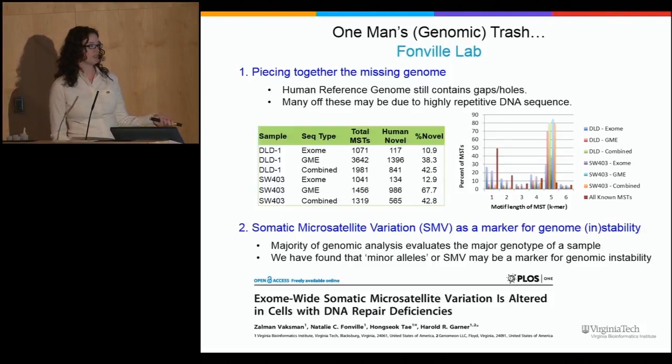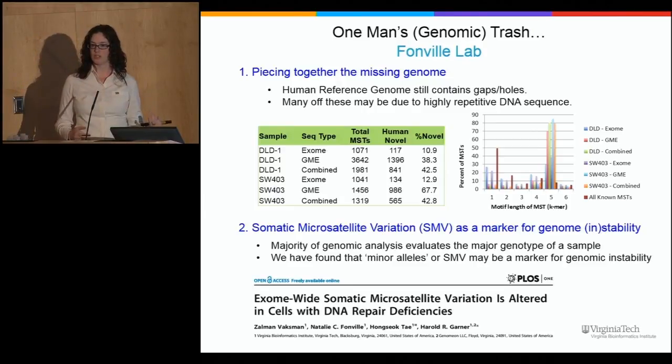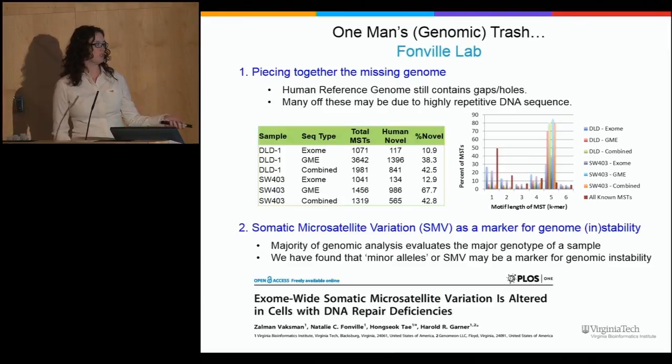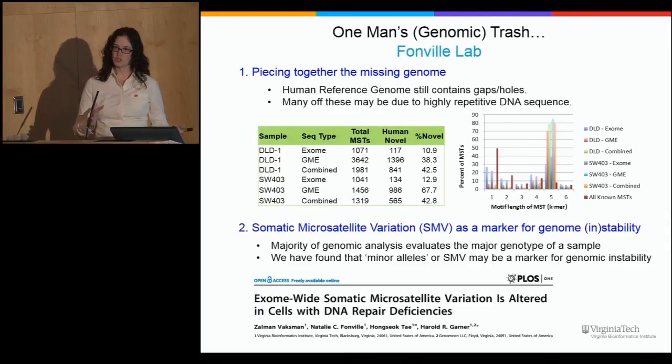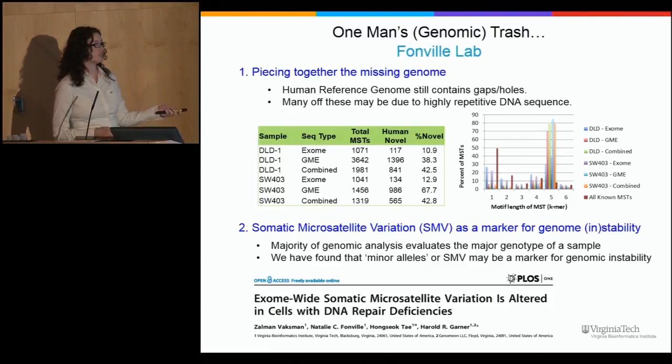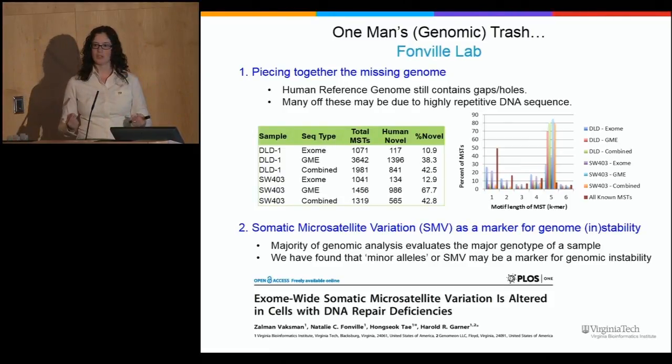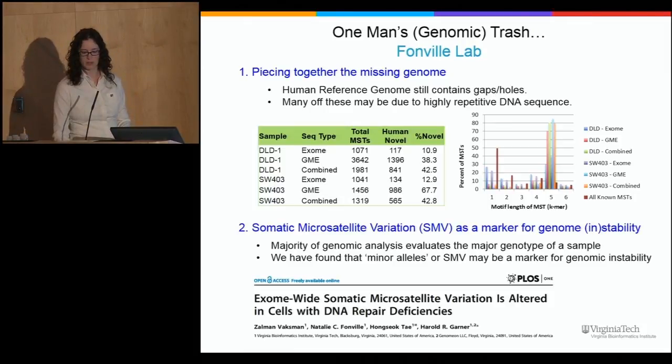We're finding that people with known defects in DNA repair mechanisms have a different pattern of somatic microsatellite variation than healthy cells. So with these two ways, we're extracting more information from genomic data.